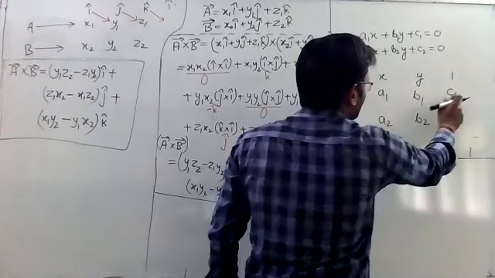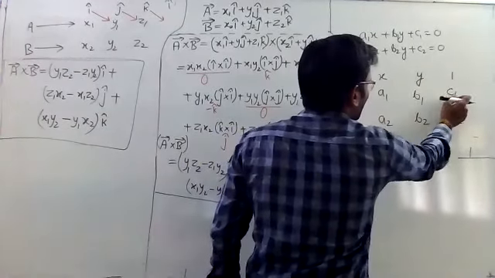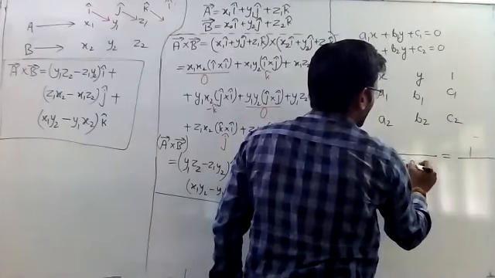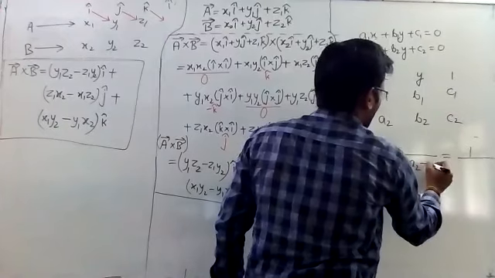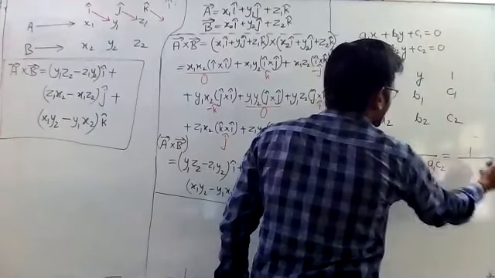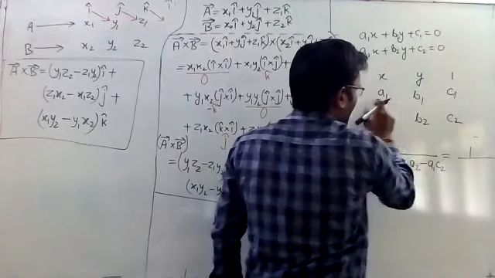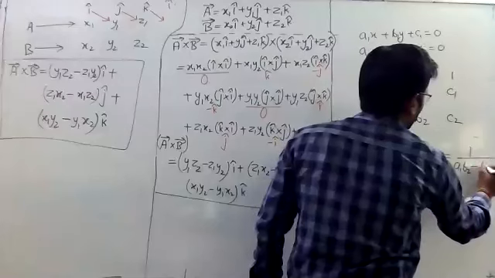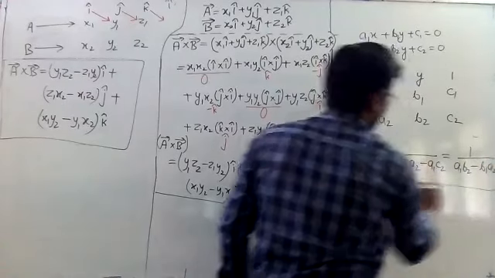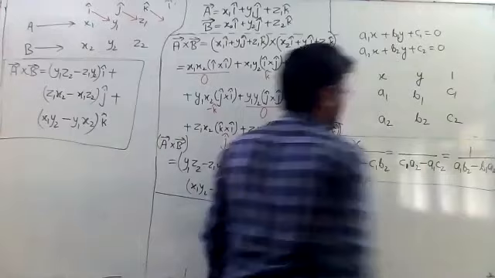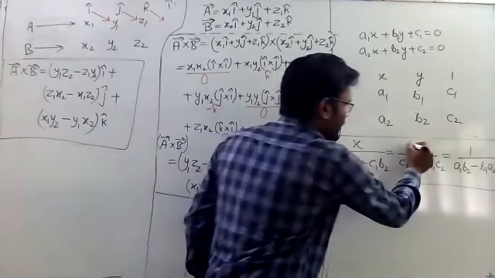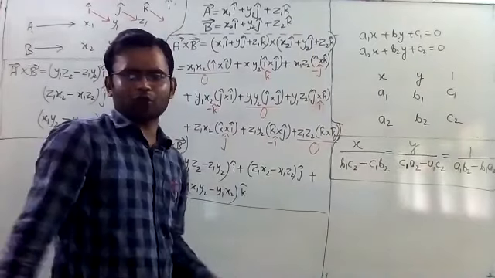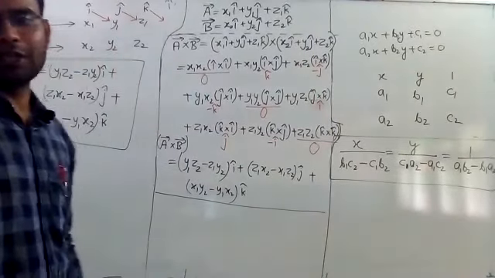That should be equal to, for y, we start from here because after y you have 1, so c1 a2 minus a1 c2, equal to the coefficient of 1, a1 b2 minus b1 a2. Here it should be y actually. You remember this method, you studied this cross multiplication method in simultaneous linear equations.